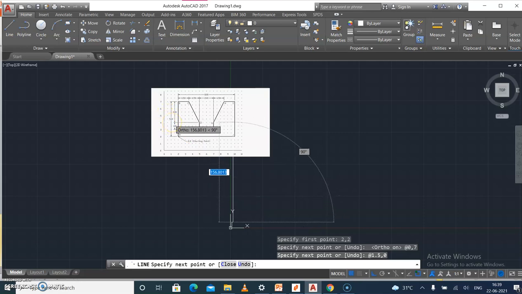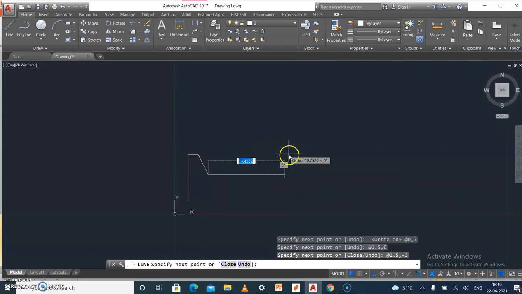Minus 3 is the y-axis and x is 1.5. So 1.5 comma minus 3. Enter. Okay, like this.